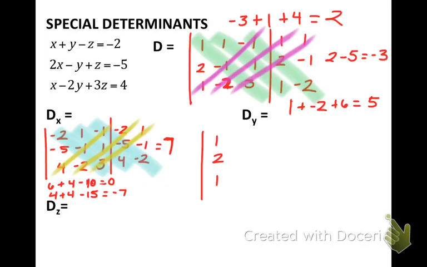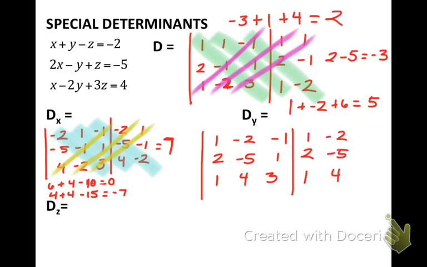Now column 2 is going to be my constants of negative 2, negative 5, and 4. And then column 3 will be my z coefficients of negative 1, 1, and 3. Retransfer the first 2.